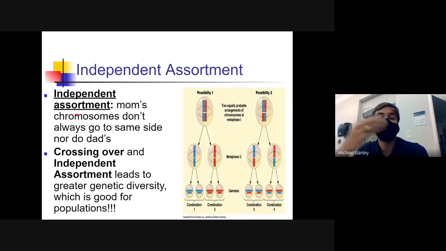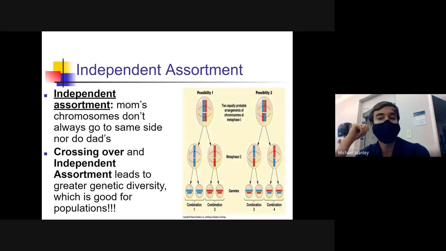So identical twins have the exact same genes in their cells. Genetically, they're the exact same as each other, but they're different people because of that egg duplicating and splitting up.